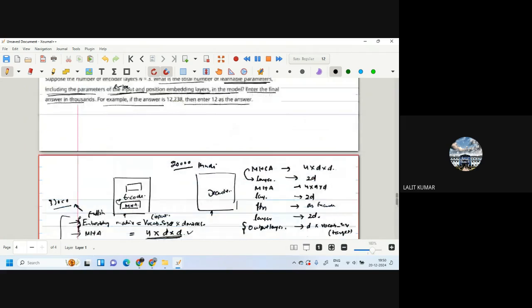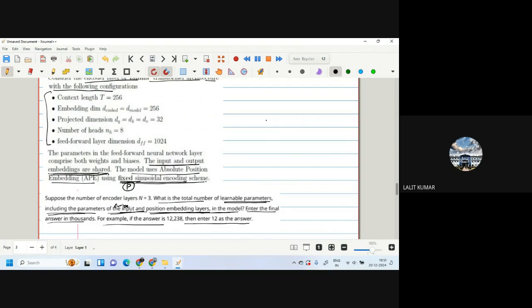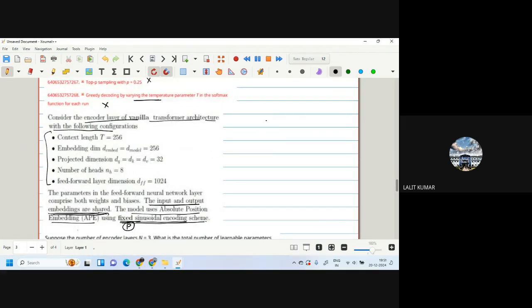Now we go. This is an encoder layer of a vanilla transformer. We start with the number of parameters, and they are asking to include everything. So first we come to the embedding layer. Now in the embedding layer, do we see any vocab size? They have not given the vocab size.